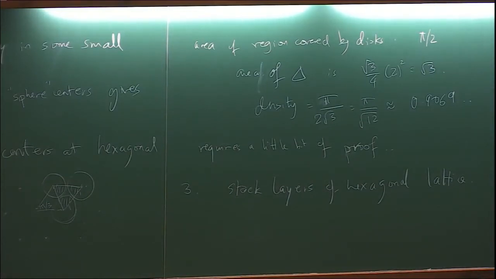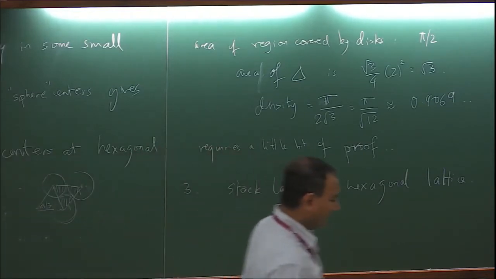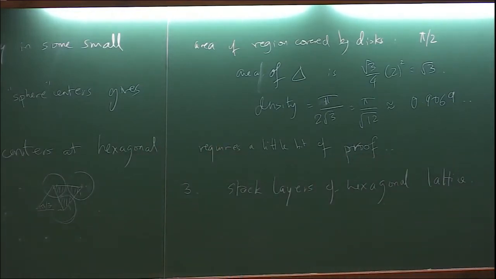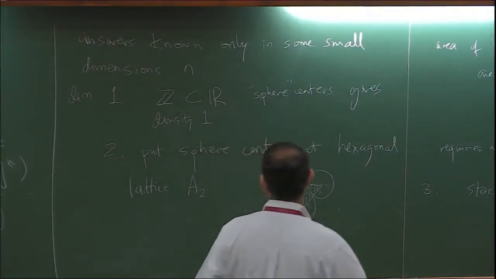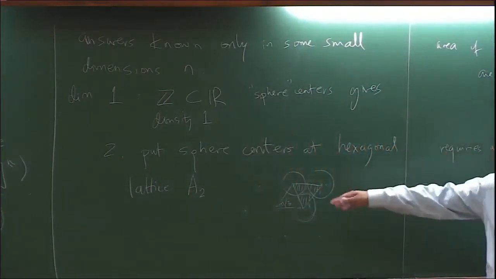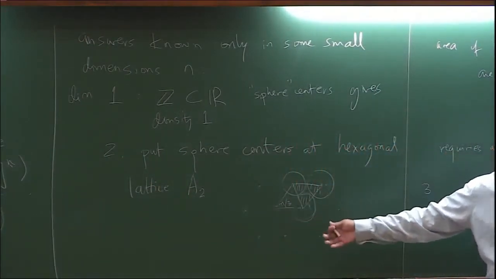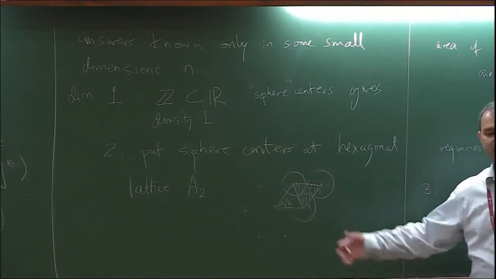That's correct. So in dimension 2, let me just say one word about uniqueness. In the formulation where you take a limsup, you could throw out finitely many balls and it won't make any difference to the limit density. But if you add some extra conditions, like it has to be regular or periodic or something like that, it makes it unique.